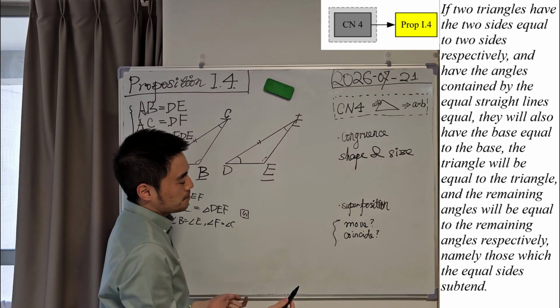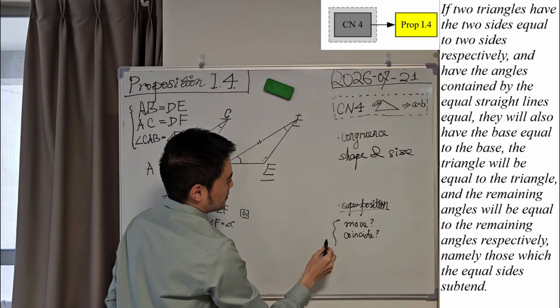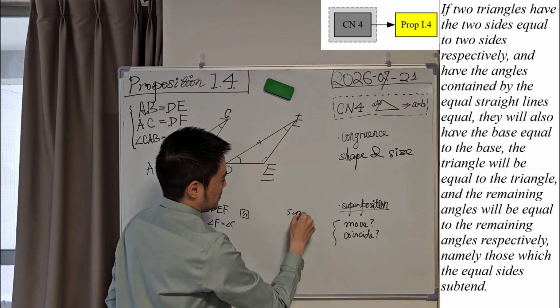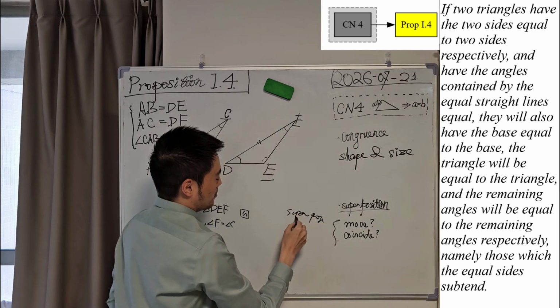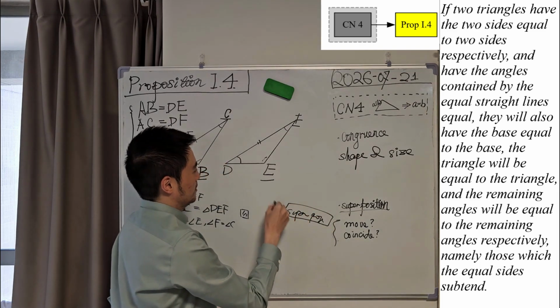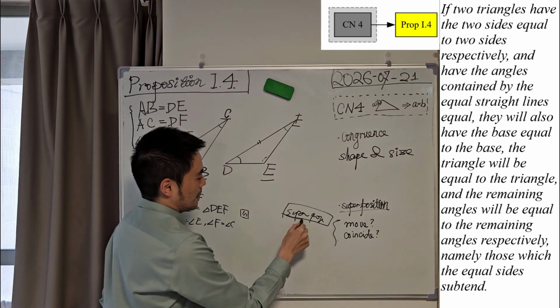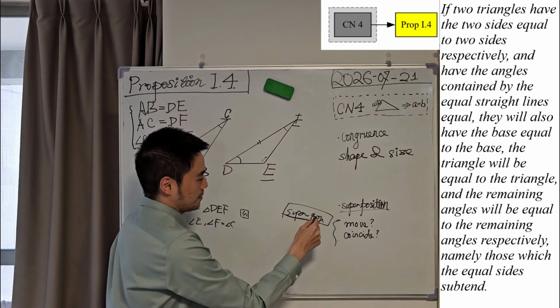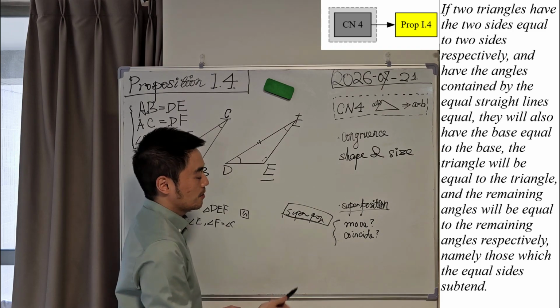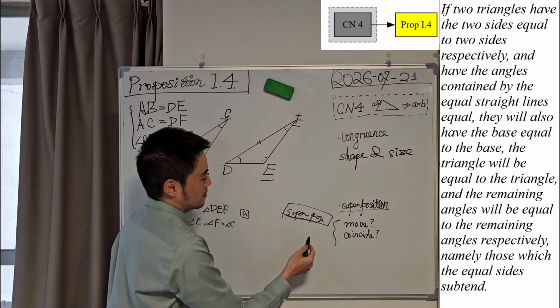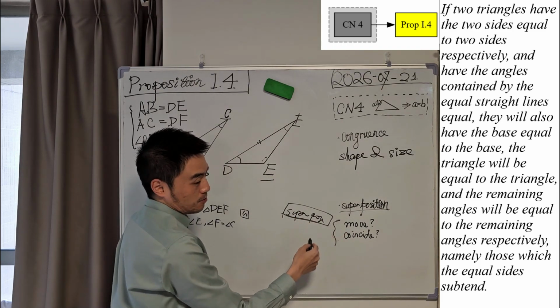But the problem is, how are we going to superpose it? This definition has never been declared, or Euclid has not defined what a move or what superpose is.